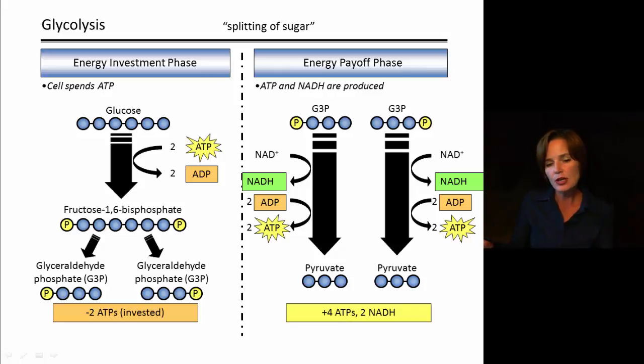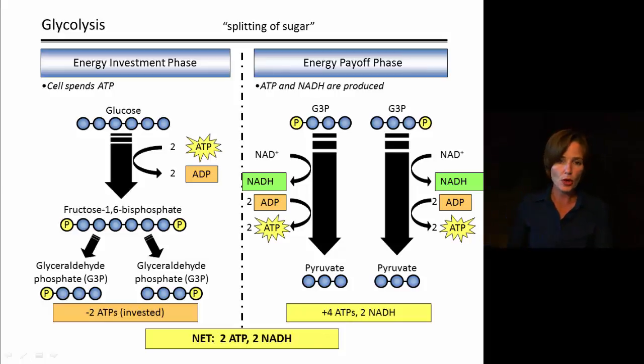If you take those numbers and subtract off our initial investment, we are at a positive at this point. Our net, or our profit, is that we have 2 ATPs and we also have these 2 valuable electron carriers.